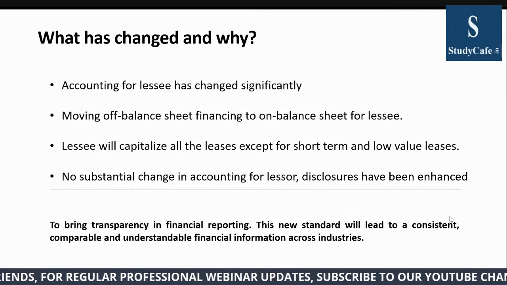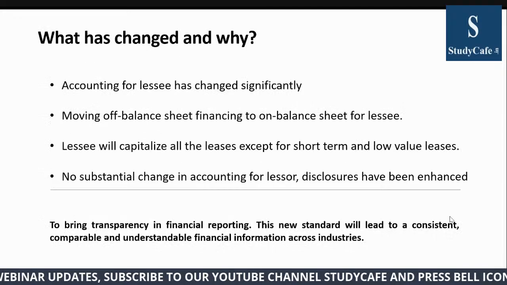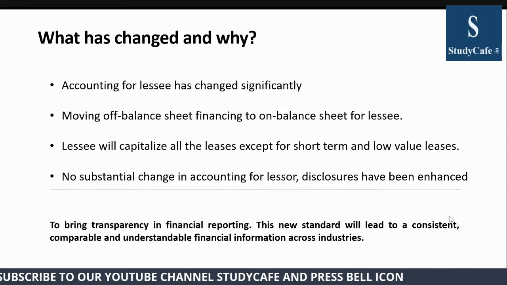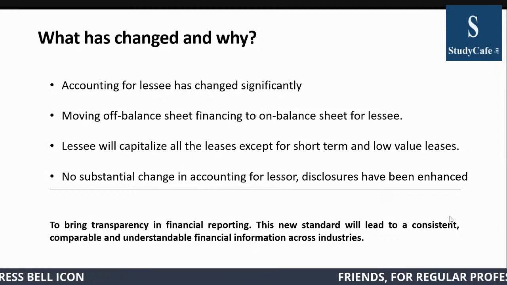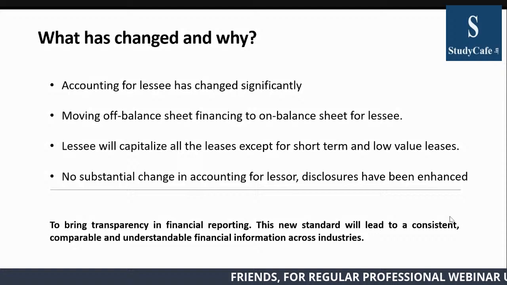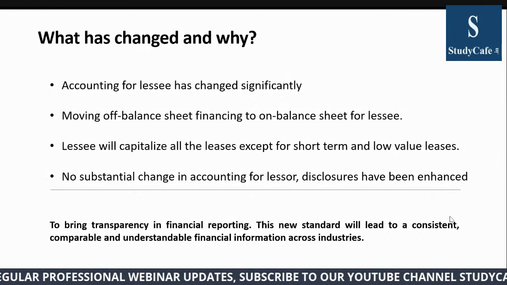Now, what has really happened? Earlier, in Ind AS 17, in case of operating leases, the lessees were not required to show any asset or liability, right? It was more of an off-balance sheet financing. Now in Ind AS 116, all the lessees are required to capitalize all the leases.